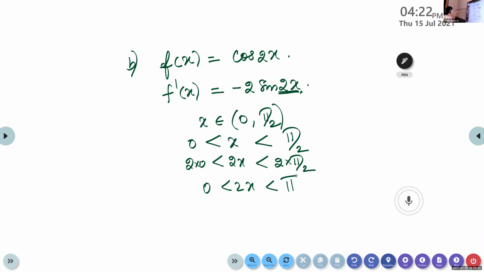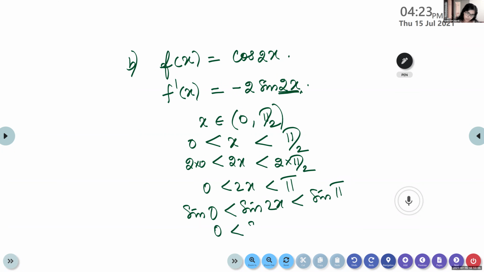Now you take sine. When I take sine, sine 0 is less than sine 2x less than sine pi. What is sine 0? 0. Sine pi is also 0.